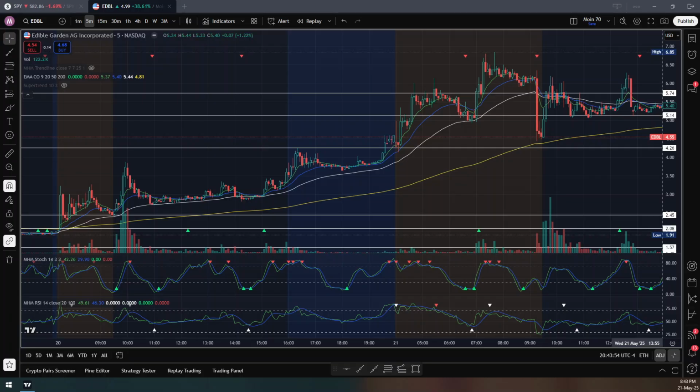This is an absolute no, and it has a very tiny float. The float is somewhere around 2 million. All you need to do is wait for the pump, let it find a level. When it's not breaking below, all you need to do is set an alert somewhere around here, and sit back. You don't need to do anything more. Let it do its thing.